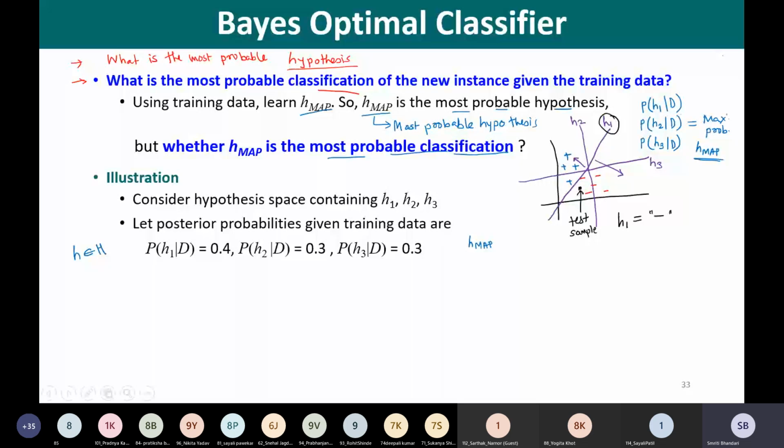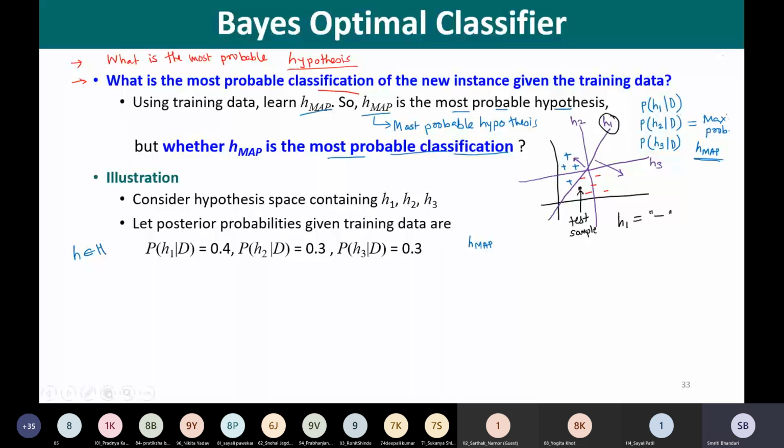Now, let us consider this H2. So for this H2, we may say that towards this side is positive class, and towards this side negative class.